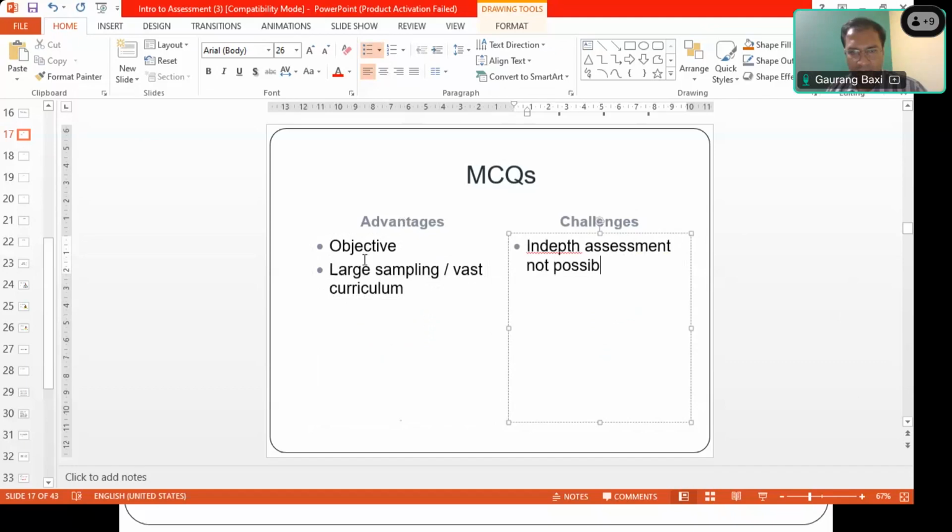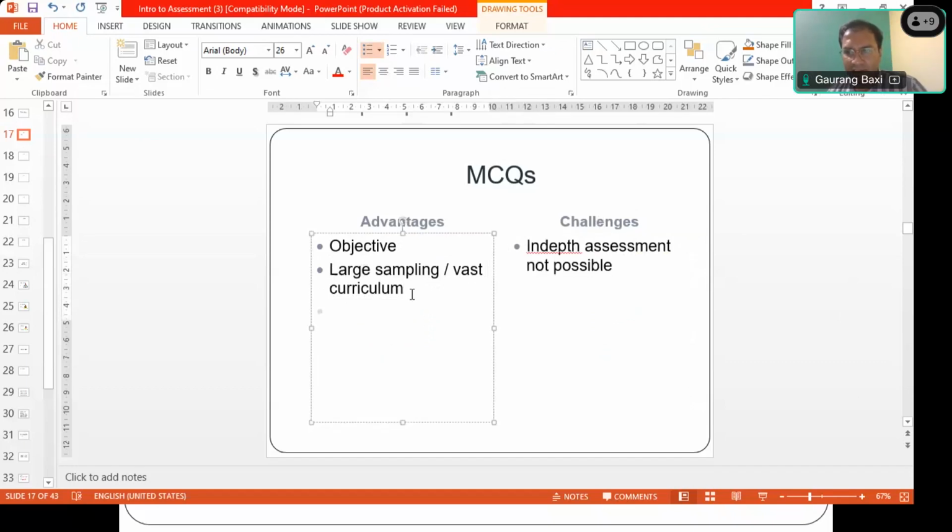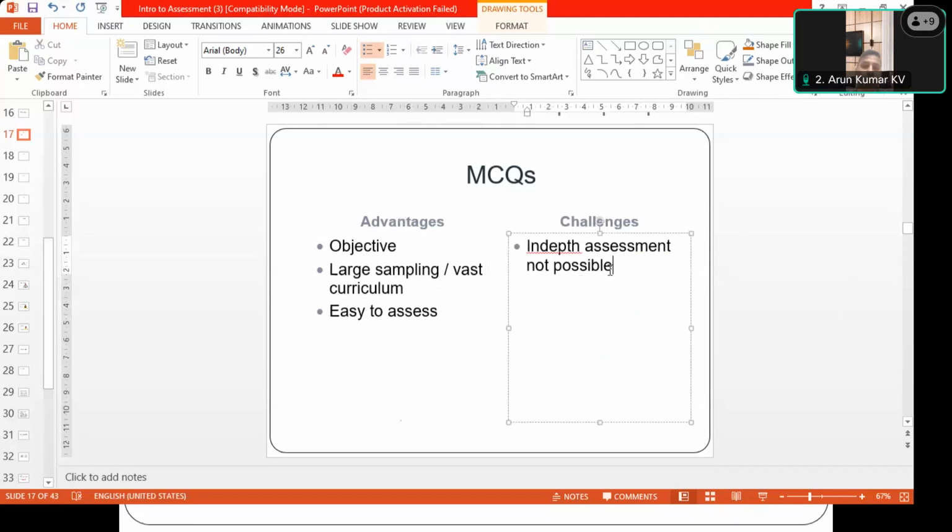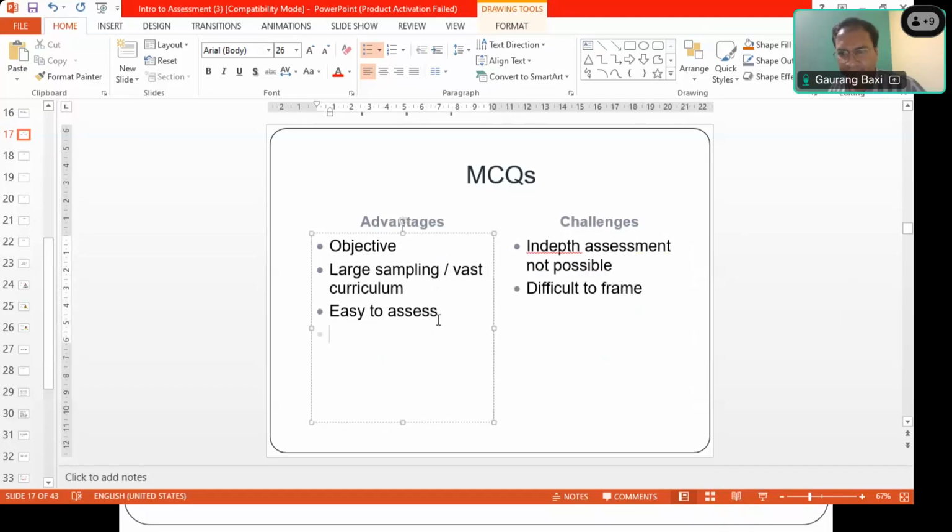Okay, coming back to advantages, what are the advantages? The ease of assessment. Assessment is easy, but what about framing the questions? That's difficult. What else? Sir, individual biases can be removed here.